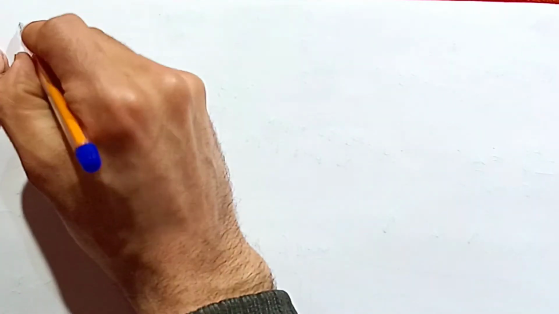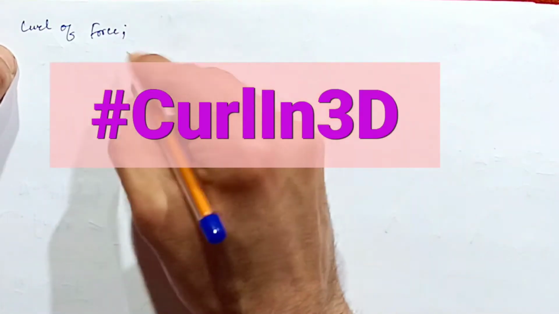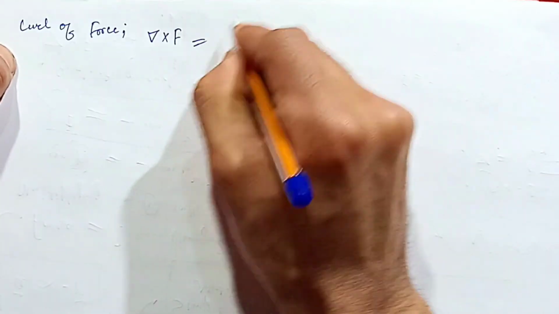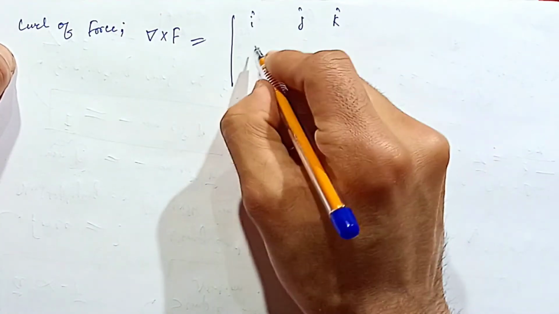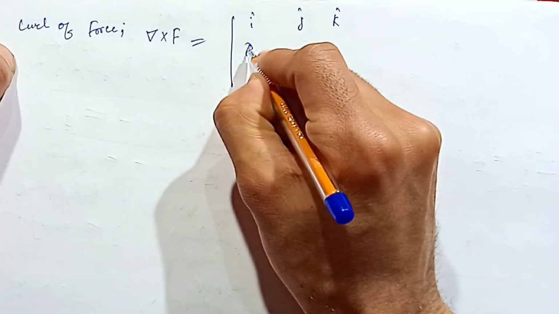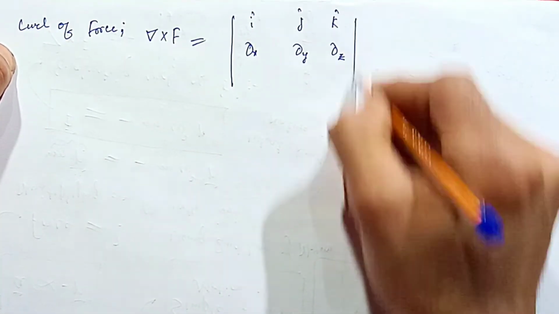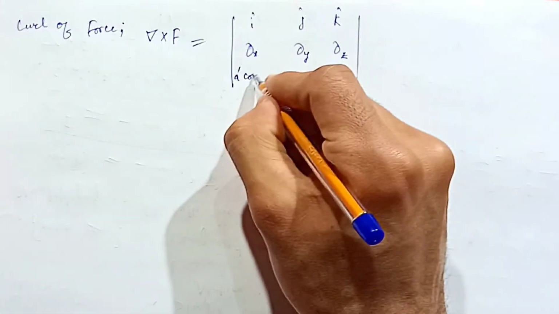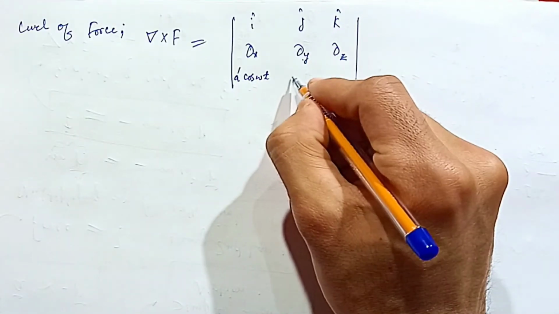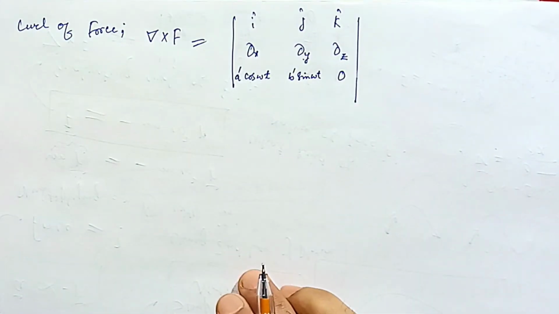So in short, what will be the curl of force? Curl of force will be equal to the determinant with i, j, k along the first row, partial differentiation with respect to x, y and z along the second row. Here the components are some constant a prime cosine omega t, along the y-axis b prime sine omega t, and along the k-axis 0.